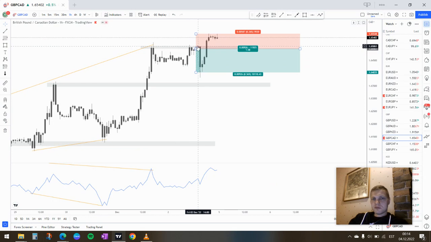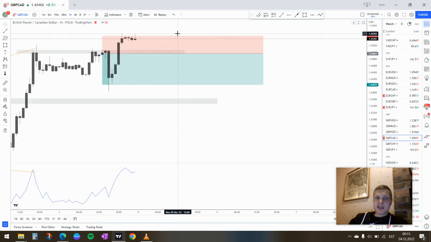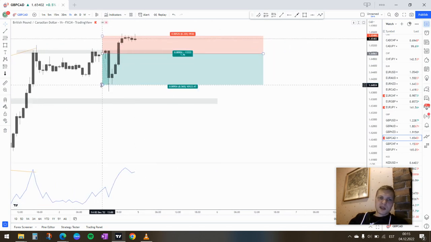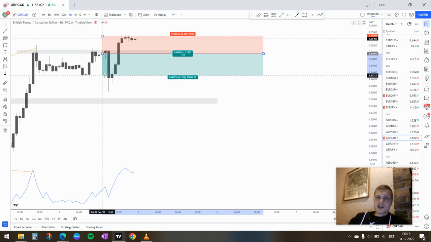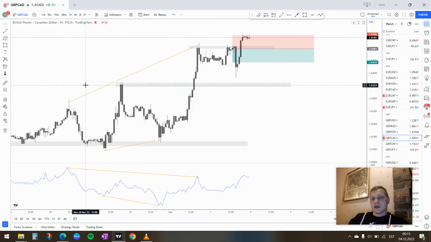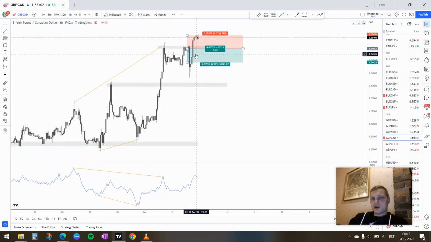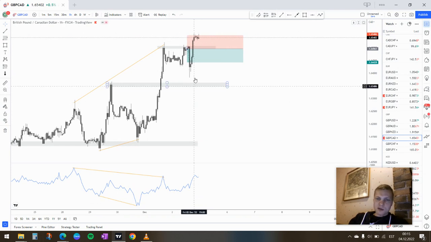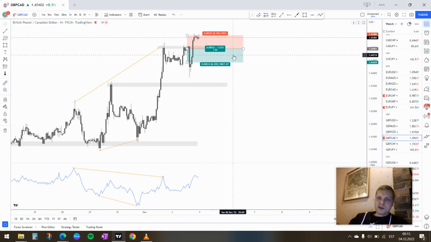So taking a trade like this would have worked, but I probably would not have taken it because it's such a new zone. It would have worked out, yeah, but it's such a new zone. Usually it makes a wick somewhere and then moves in the other direction.